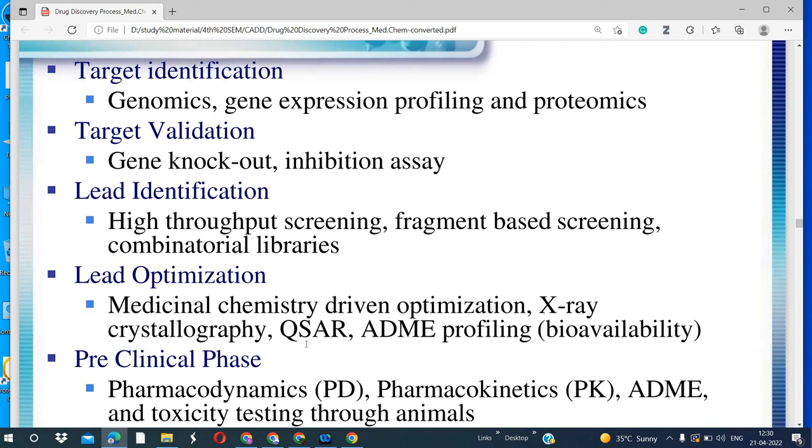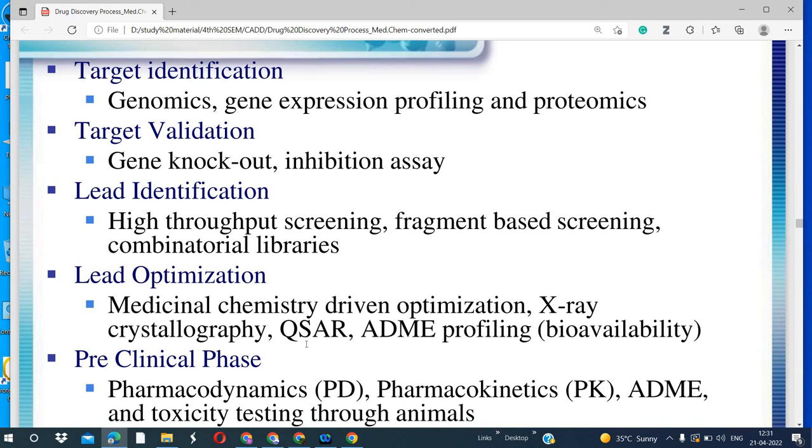It may happen that the molecule is active but doesn't have any bioavailability. If there is no bioavailability, it will not work against the target, even if it has activity against the target. So we have to increase the bioavailability of the drug that we have discovered.